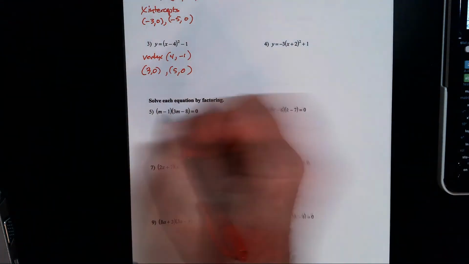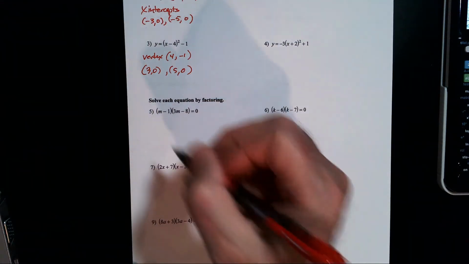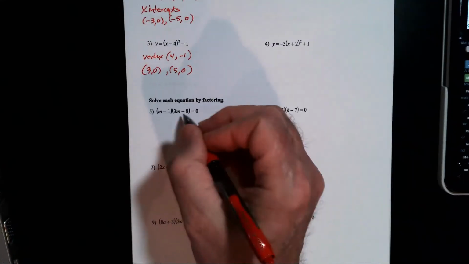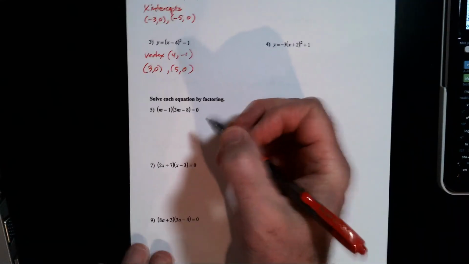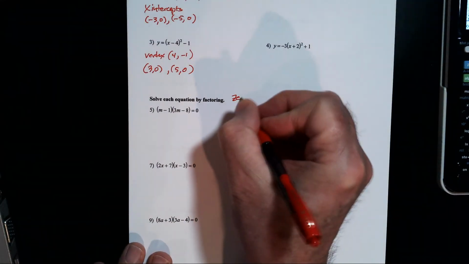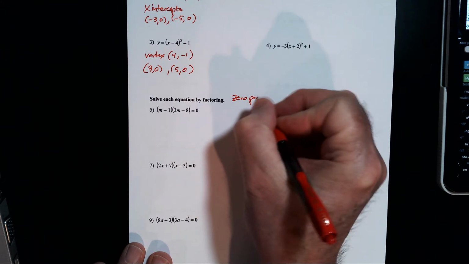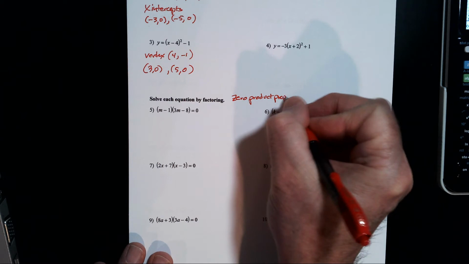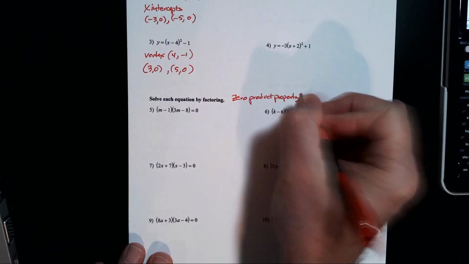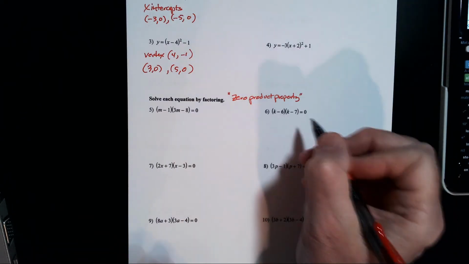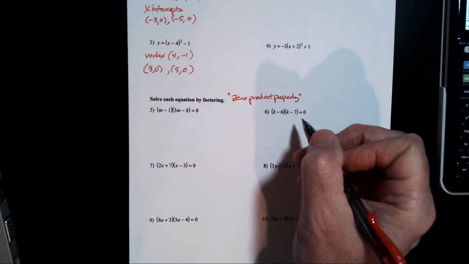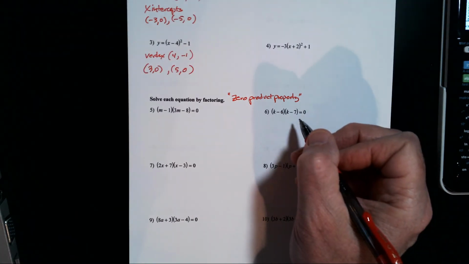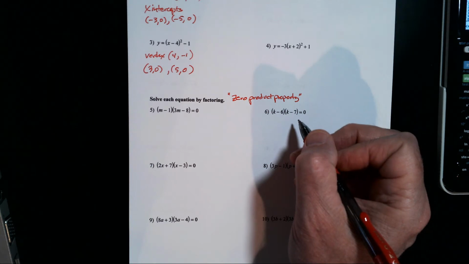Once you've got it broken down, and a little bit later we'll break it down ourselves, but these are already broken down for us, you use what's called the zero product property. I'd like you to learn that name. What that means is if you've got 2 or more things multiplied that equal 0, at least one of those things has to be 0.